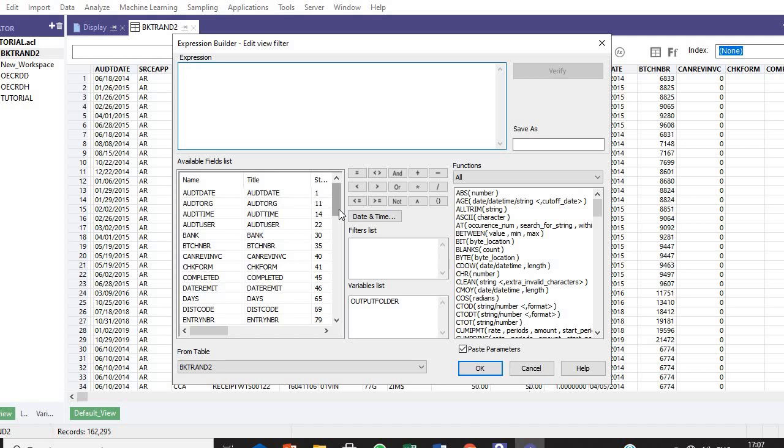Let's check and find out if we do have such issues. So let's go back and look for source currency. Source currency is equal to USD. It must be USD because we are now focusing on USD transactions, right?